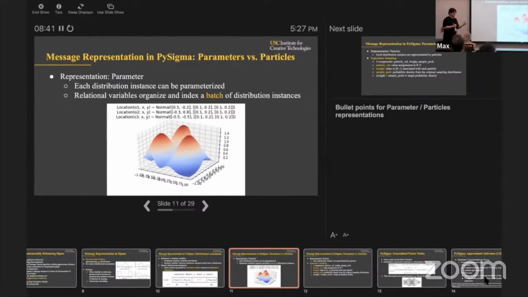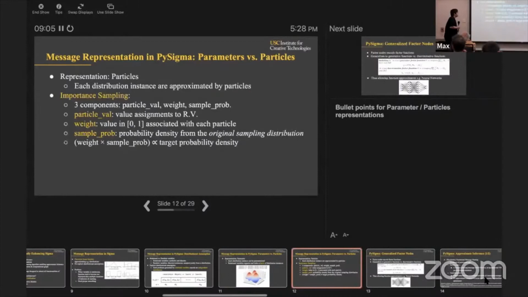Basically, in this type of message, we assume that the distributions can be parameterized, for example, natural distributions or Bernoulli distributions. So here is an illustration of that. You will have a predicate which has basically a batch of 3 parameterized distributions. So again, the relational variables here will be the ones that organize and index a batch of distributional instances.